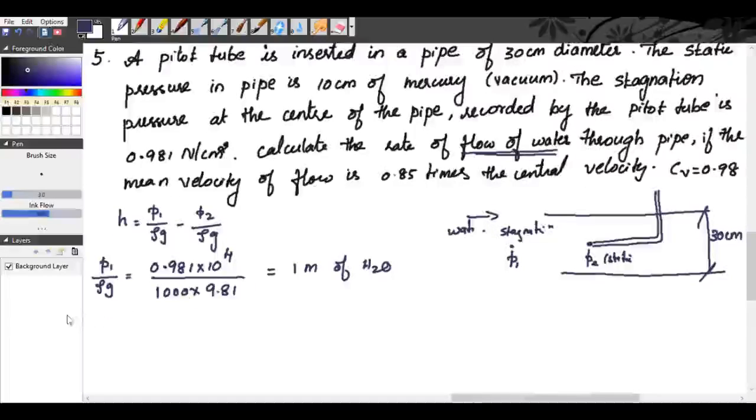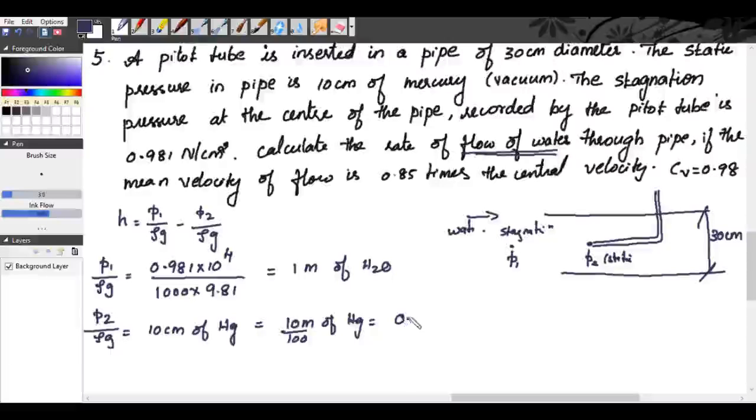Now P2 by rho G is the static pressure head. So the static pressure head in the pipe is given as 10 centimeter of mercury. If this is 10 centimeter of mercury, it is 10 divided by 100 meter of mercury.